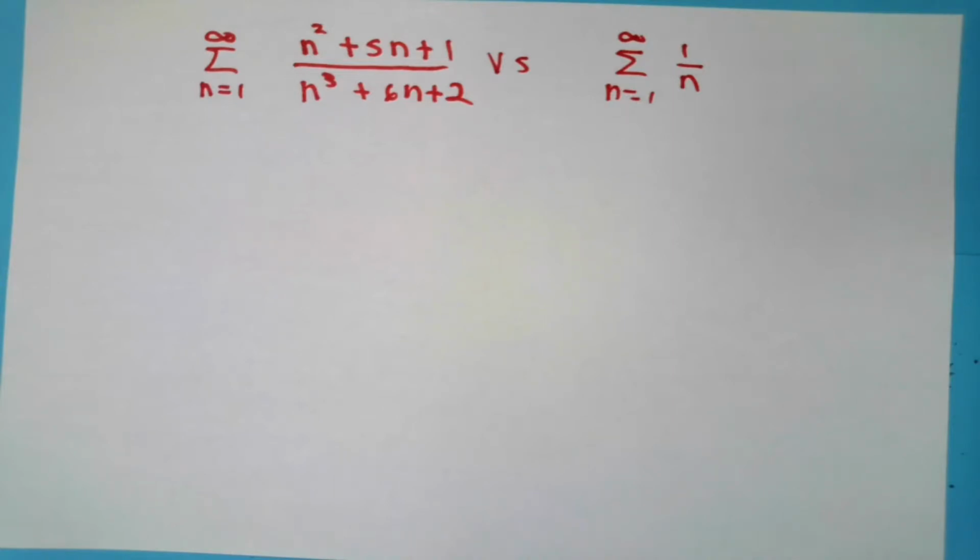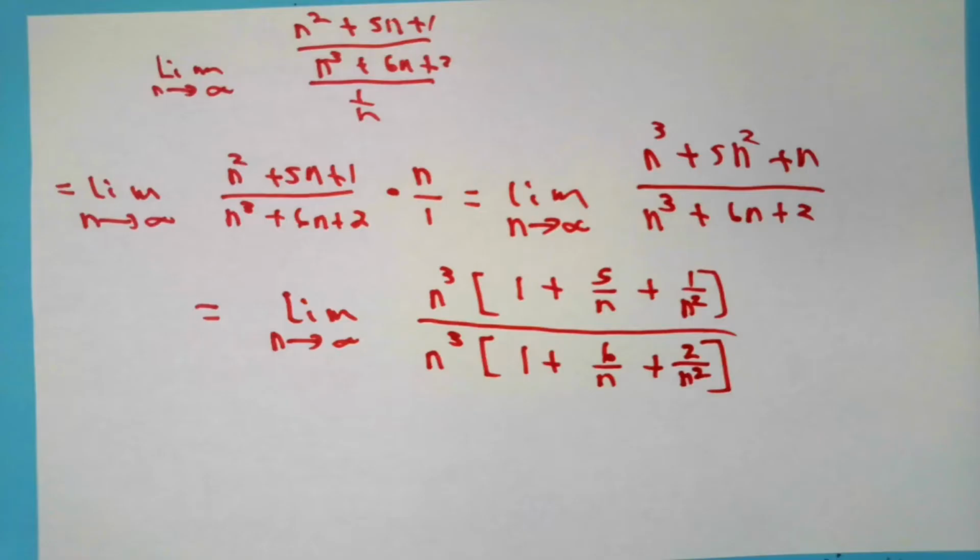If the limit exists and is positive, then either both series converge or both series diverge. So let's see. By doing the usual algebra, I reduce this down into this limit to look at. Cancel the n cubed out.